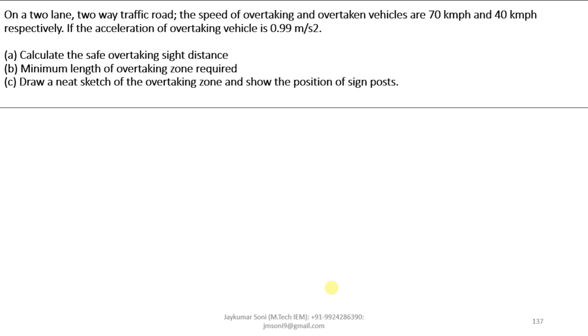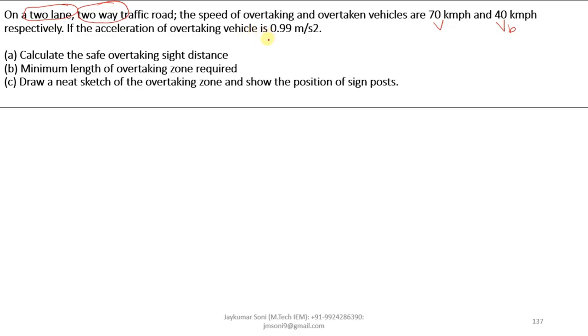Let us read this statement once again. On a two-lane, two-way traffic road, this is one of the important segments. This is a two-lane road and two-way traffic road. The speed of overtaking and overtaken vehicle: this is capital V and this one is VB, meaning the speed of the slow moving vehicle.